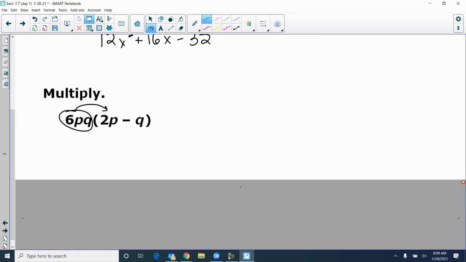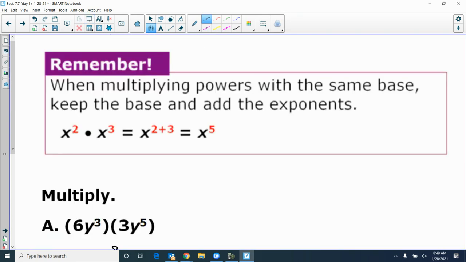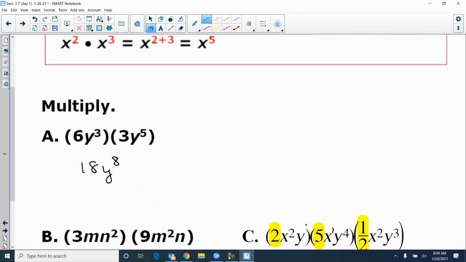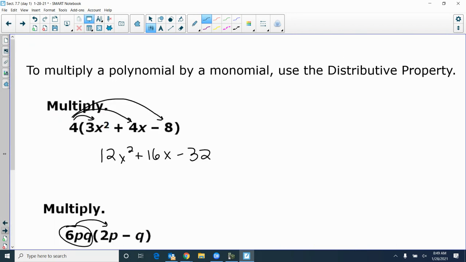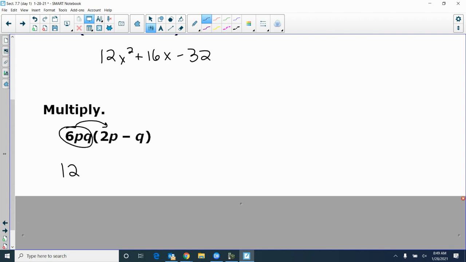So would it be 12p? Think of it as p times p. So like 1. What do you do to the exponents? Oh, 1 squared. Okay, just like here, if you got y cubed, you add the exponents, and so a p times a p will give you p to the second power. Colin?